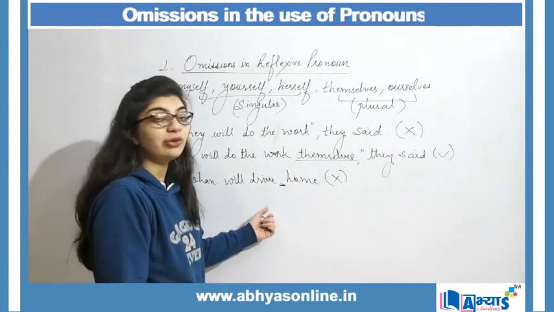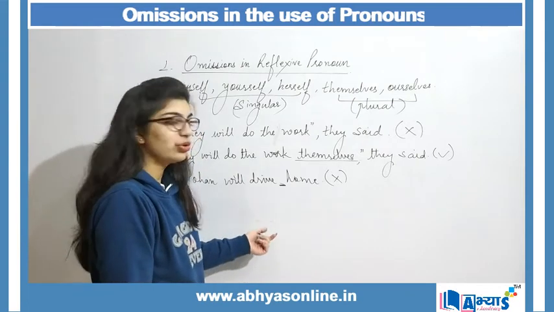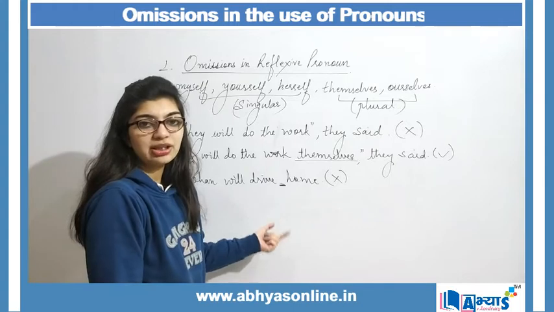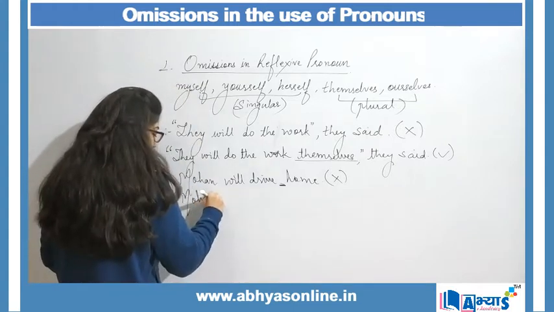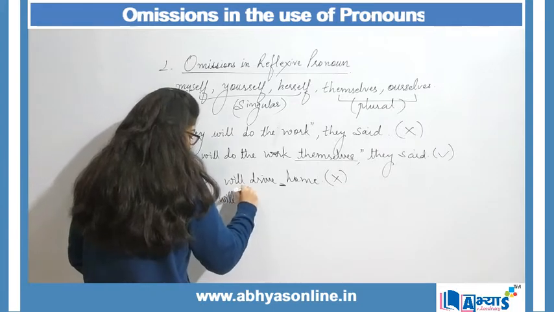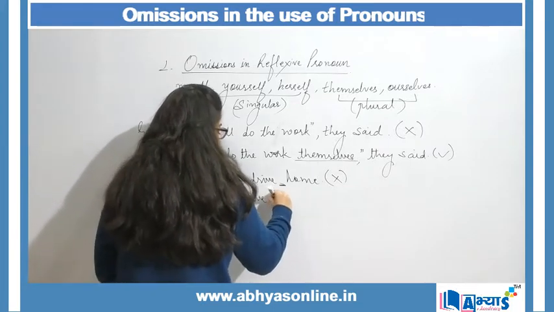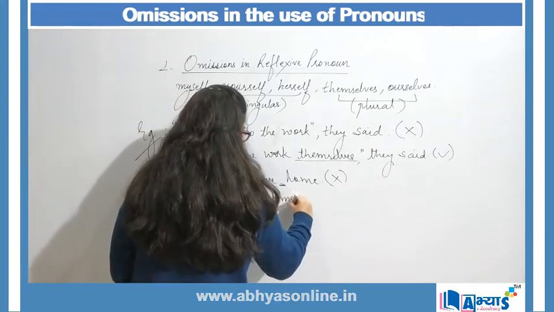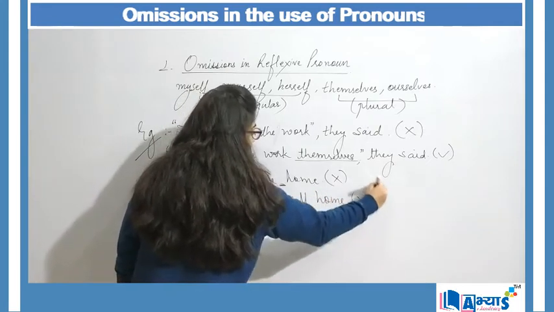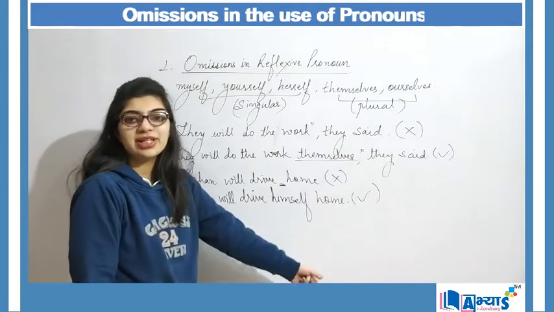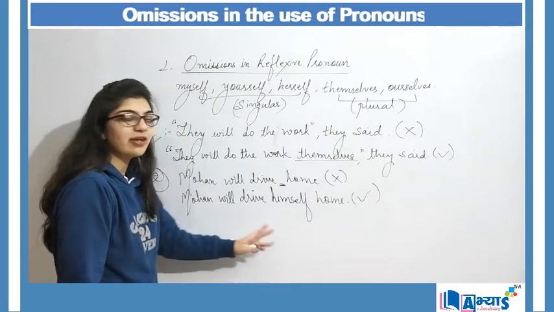A word has been omitted over here. I have to place a proper word, and for that I will say: Mohan will drive himself home, which means that he will go home himself. So, Mohan will drive himself home.